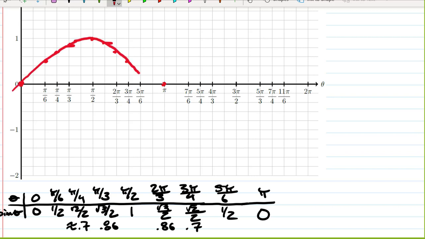So the first part of our function looks something like this. Helps if I put all my dots in the right place. There we go.